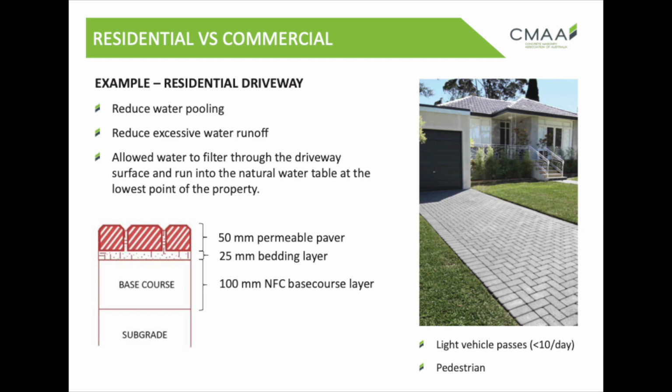And finally, for your base course, they used 100mm of no fines concrete. At the time, this was a bit of an overkill, mainly because it didn't have the geotechnical data, but you can get away with using single-size aggregate. And since this is a residential driveway, you're going to be experiencing pedestrian traffic as well as lighter vehicle passes.